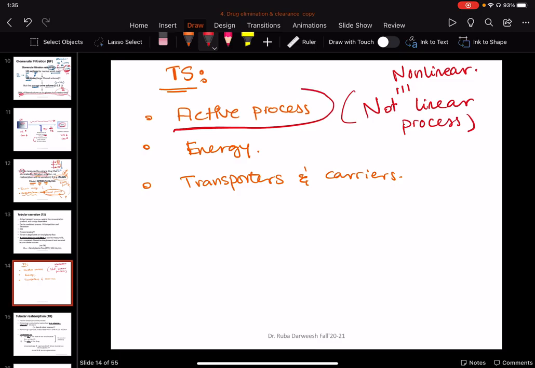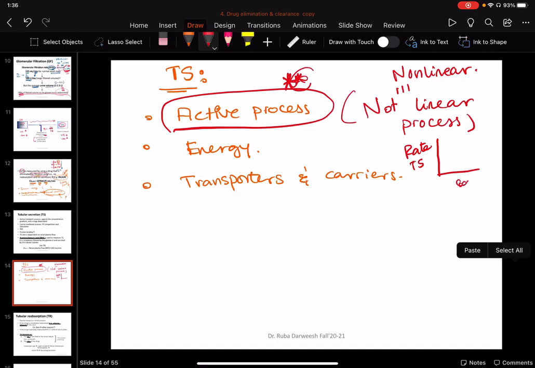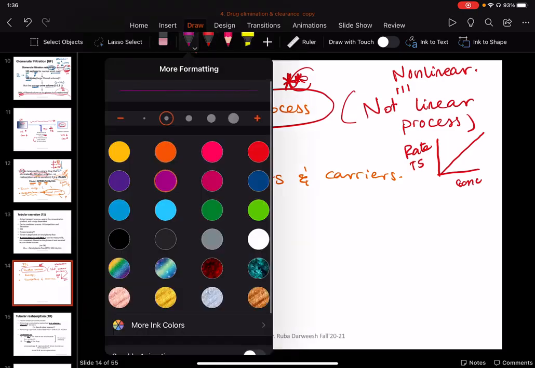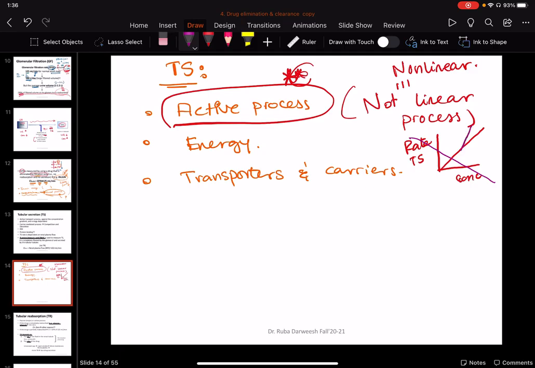So this is one of the exceptions to the linear processes we have, which means that the rate of tubular secretion versus the concentration of the drug will not give you this profile, and we will see that.